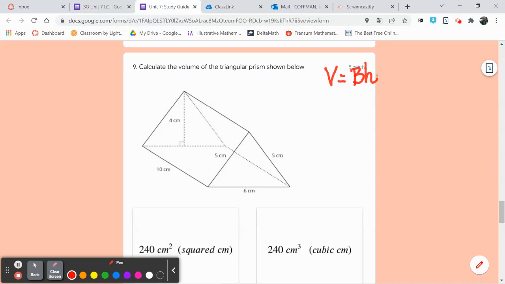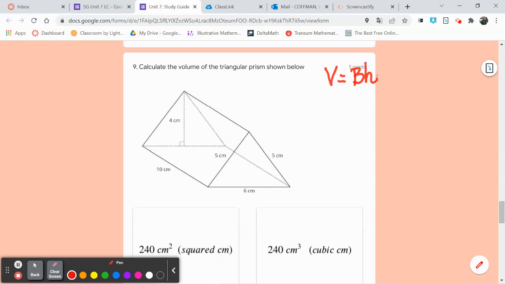Any time you get a prism or a box, you look to see, do I have a shape other than a rectangle? I do, a triangle. That's its base. It does not have to sit on its base. It can sit on its side. So you've got to look to see, do I have a shape that's other than a rectangle or square? And I do. Okay, so we're going to find the area of the triangle.